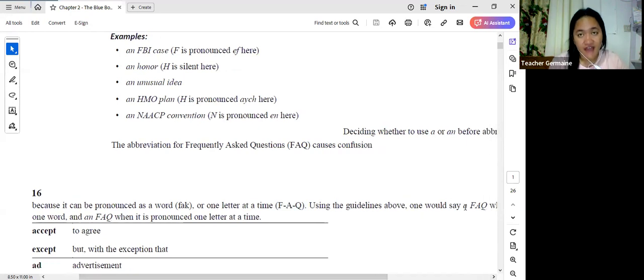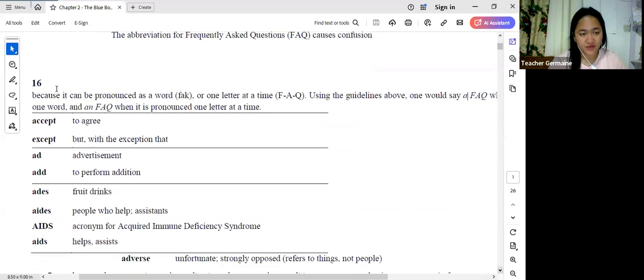So we say a FAQ, because F is a consonant sound. So there are two ways of reading this abbreviation. We read it as one word, you say "a FAQ". Another way of reading is you say "an FAQ". Please take note of that one.